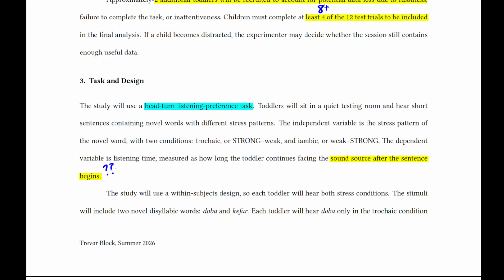So if the new word starts within a sentence, then it shouldn't be after the sentence begins, but after the new word begins, after the trochaic or iambic word. So that's a little weird. If we change that, I think it's okay.